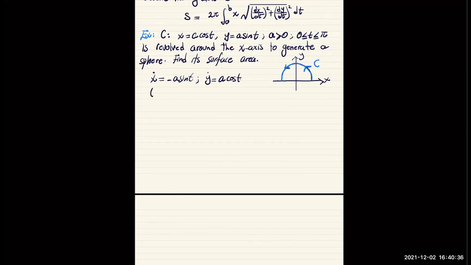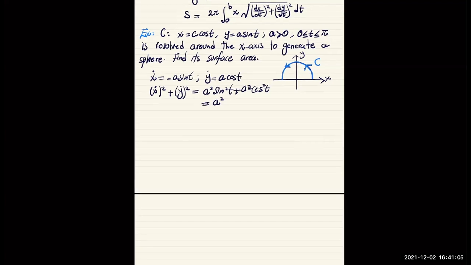Square those, and that gives you again a squared sine squared t plus a squared cosine squared t, and again, this is just a squared. Pythagorean identity for trig.